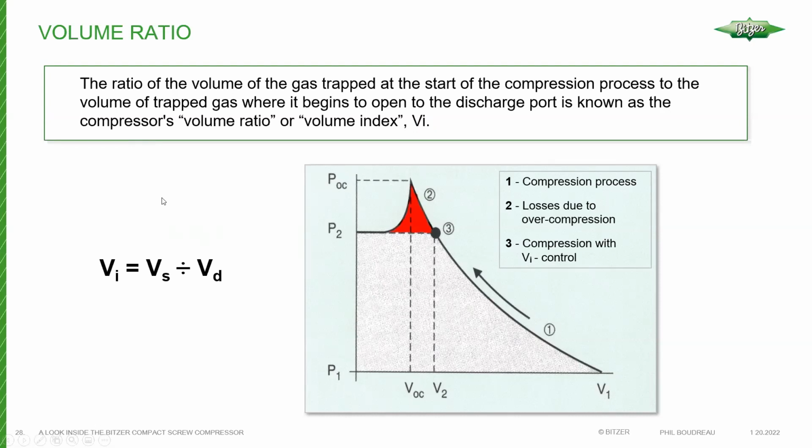So you take the volume of the refrigerant at the suction end of the compressor, in cubic feet per pound, just a specific volume, and divide the volume of the discharge gas into that, and we get a volume ratio or volume index. You want your compressor to match that pretty well, or the compressor needs to be able to adapt so that it can operate efficiently in that range.